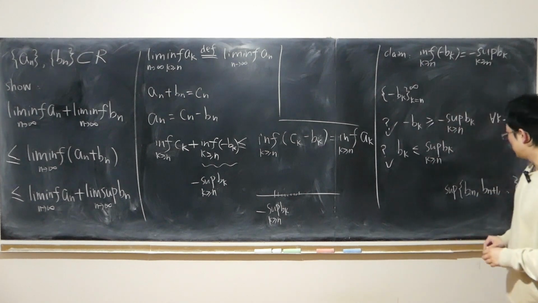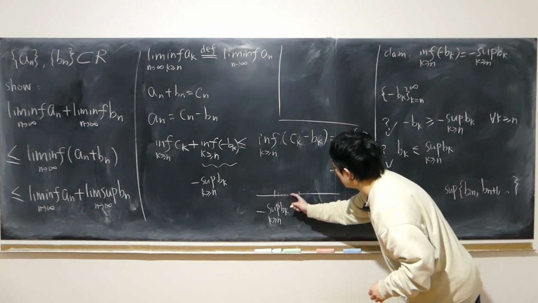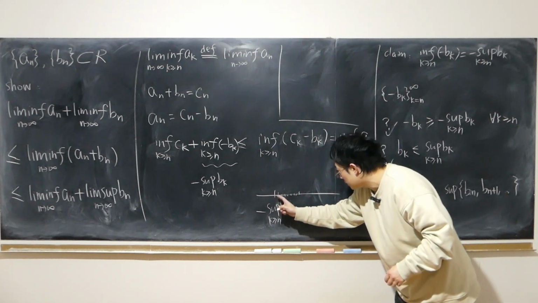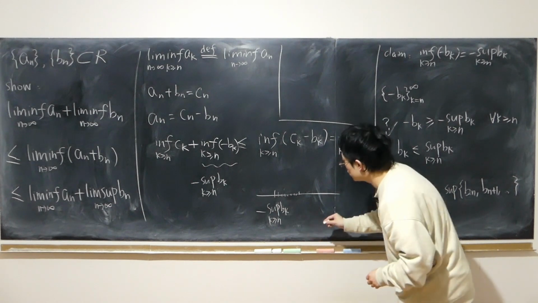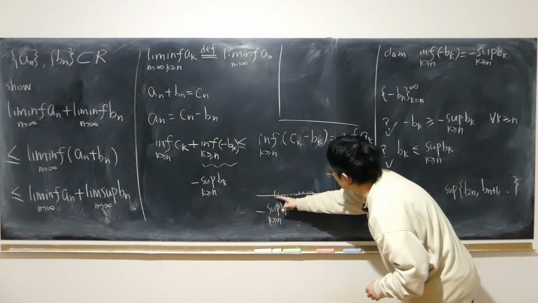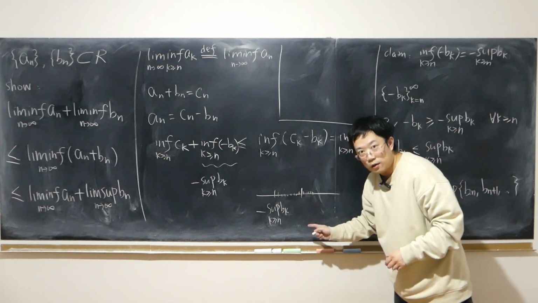These elements, infinitely many elements. We've shown this is a lower bound. Can we show if we increase it just a little bit here, then it's no longer a lower bound?